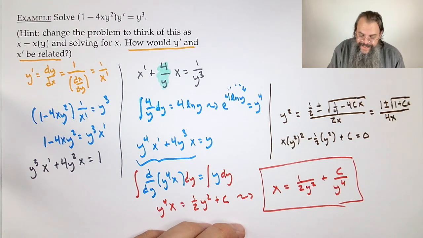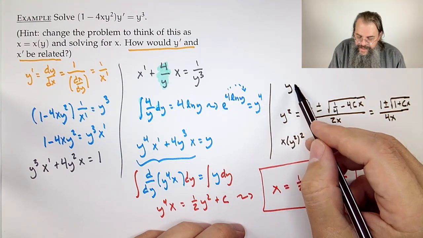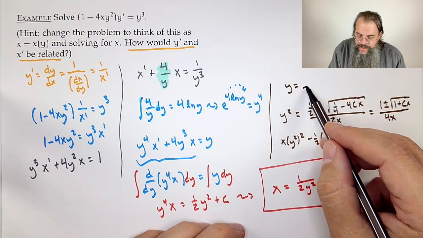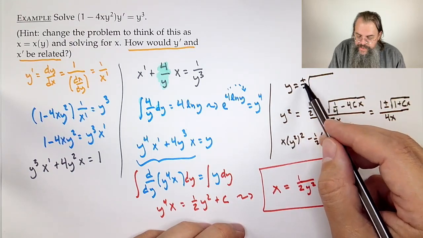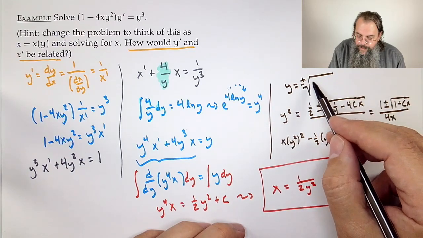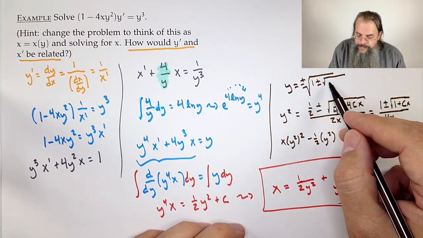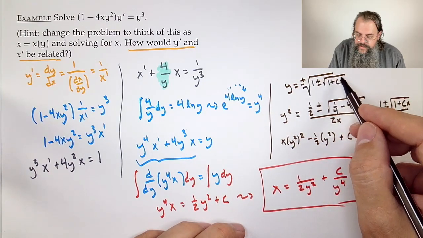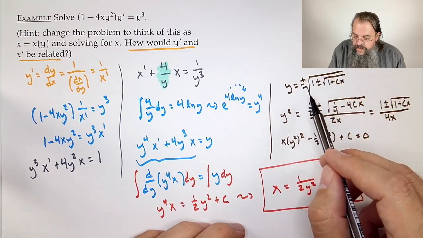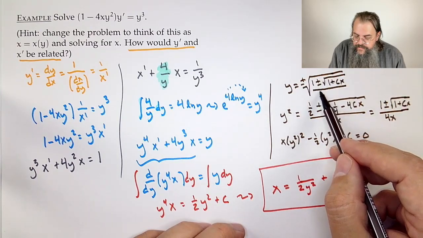So what's y? So we can say y is the square root plus or minus of 1 plus or minus the square root of 1 plus some arbitrary constant, c times x, and all of that divided by 4x.